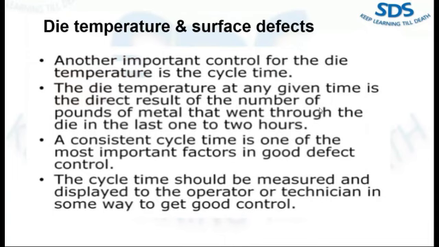How can we measure or display this cycle time, and how will it help to control and achieve good surface defect control? See, you have to do a cycle time study. For example, if the cycle time is 40 seconds, 12 to 14 activities happen during the die cycle time, like injection, ejection, die closing, die opening.